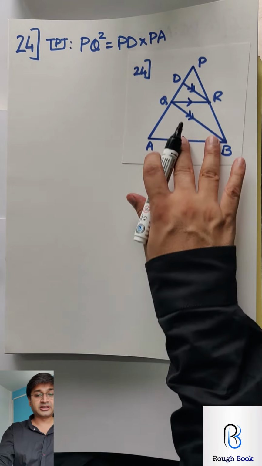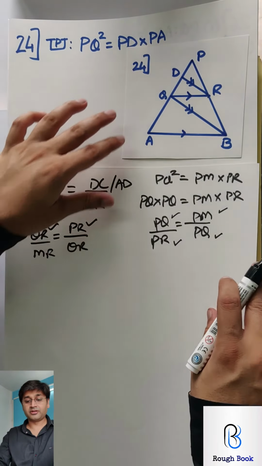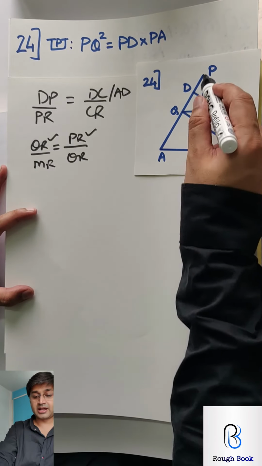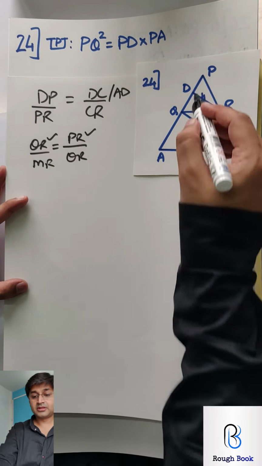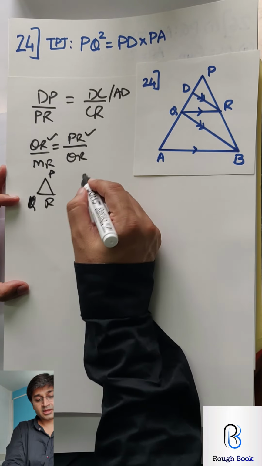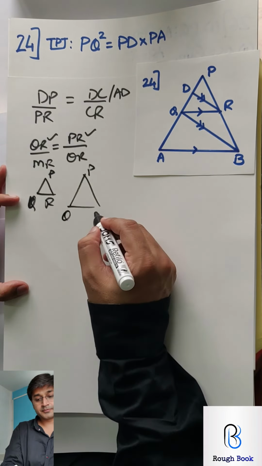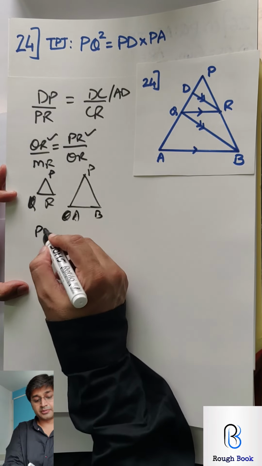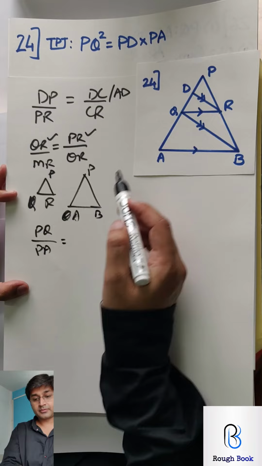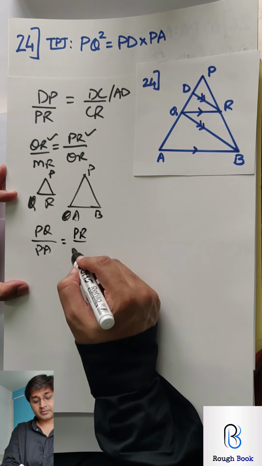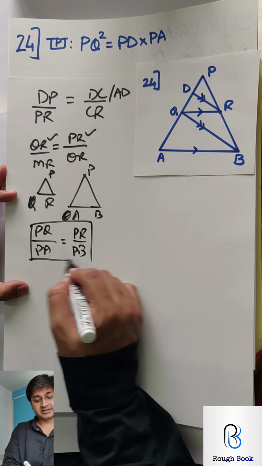First on the rough sheet, let me make you understand this, then we'll go on the fair sheet. If I prove PQR and PAB similar, I will get PQ upon PA, PR upon PB, as CSST.